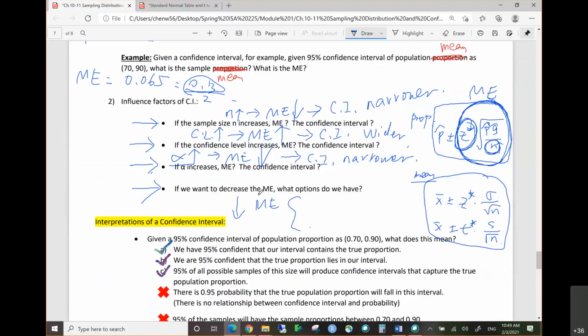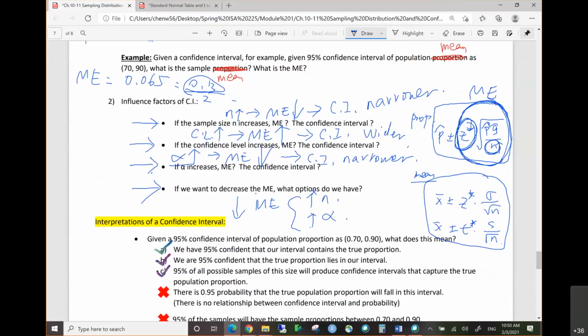Grow your sample size. You want to increase your sample size. Perfect. Any other options? Anyone? Increase alpha. Increase alpha. Perfect.